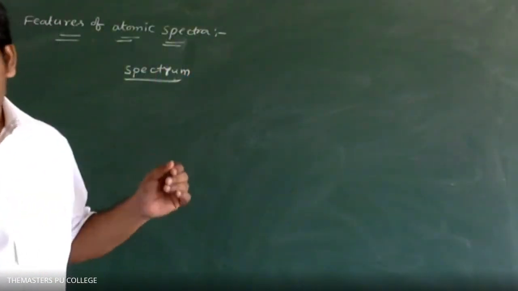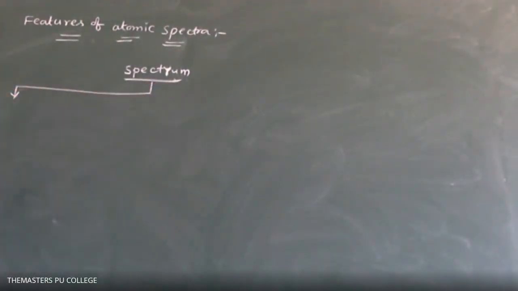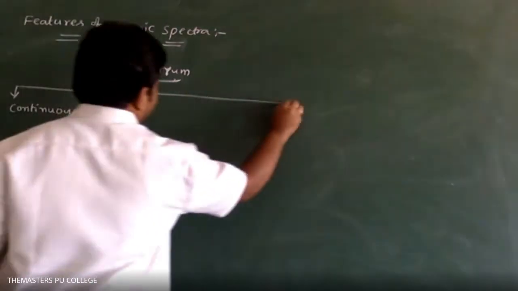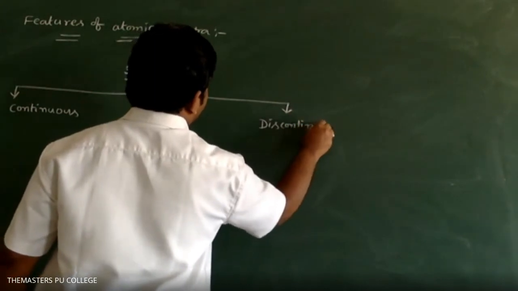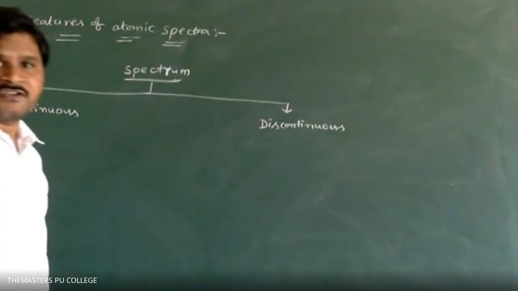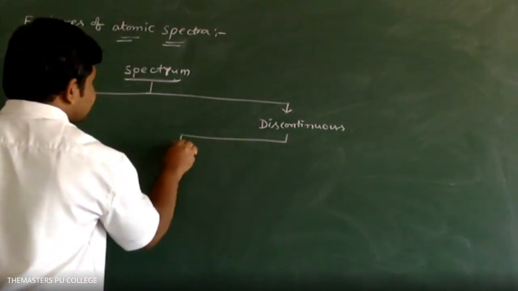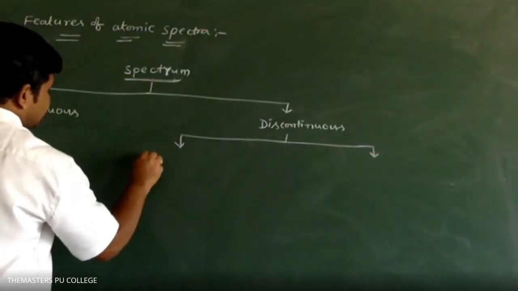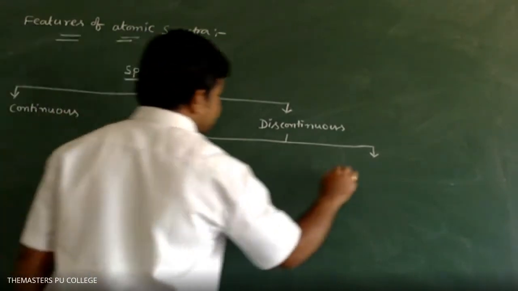Spectrum is divided into two types: continuous spectrum and discontinuous spectrum. The discontinuous spectrum is further classified into two types: absorption spectrum and emission spectrum.